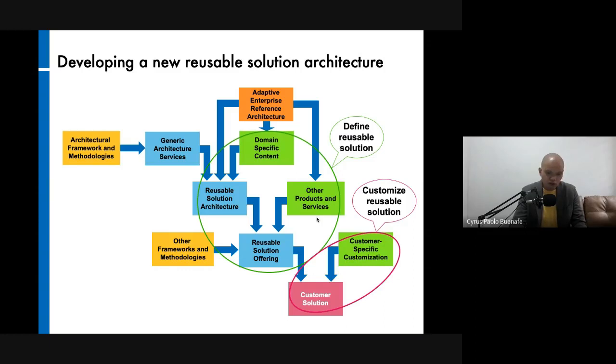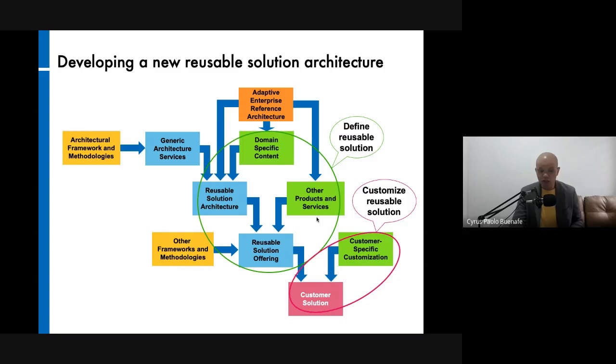And then based on the customer-specific customization, you'd have your customer solution. So the green circle refers to what is reusable. You can see the domain-specific content, your solution architecture, and your reusable solution offering. This would be reusable. However, once you instantiate that reusable solution offering by putting in something that's customer-specific, now that is your customized reusable solution.